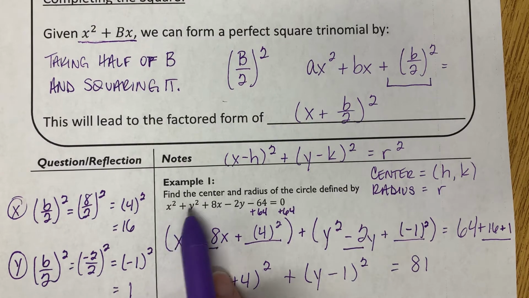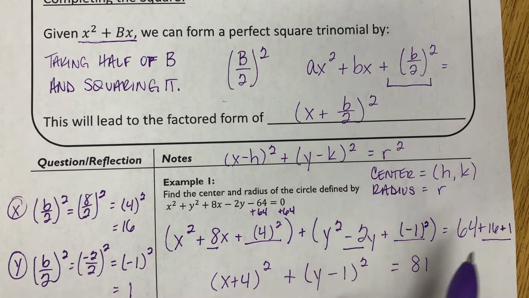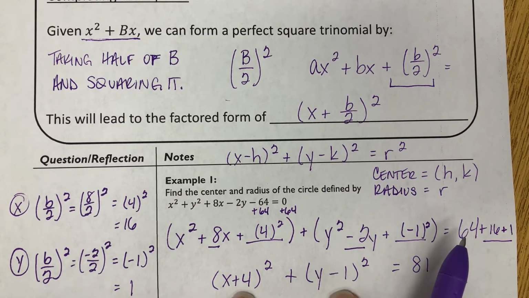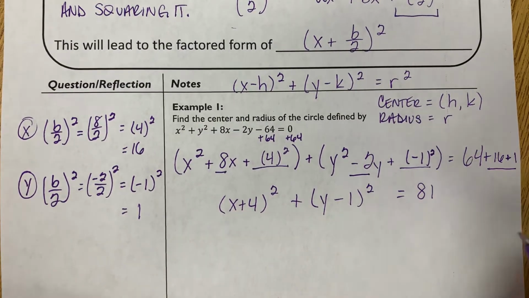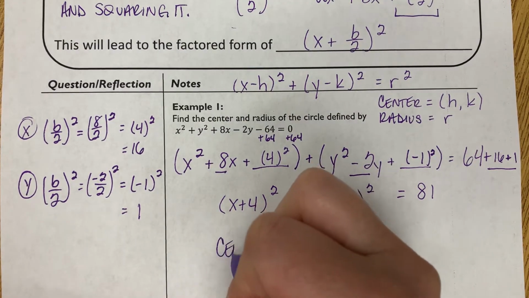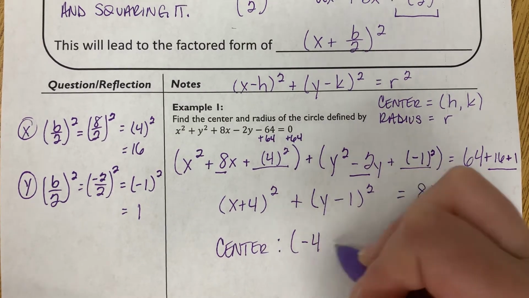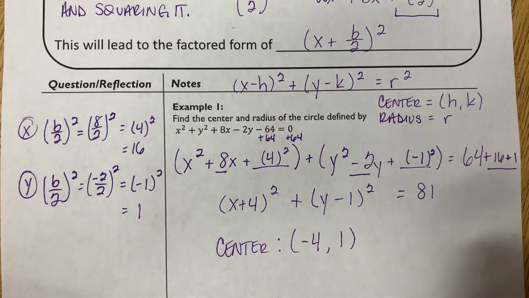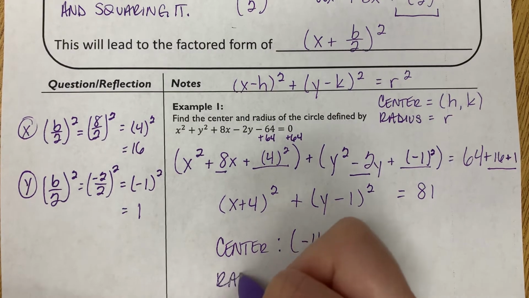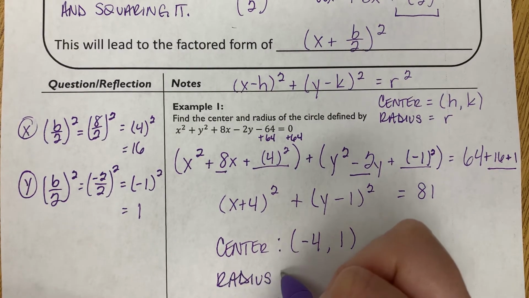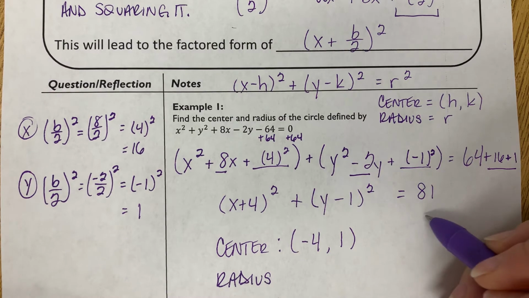So now when it asks for the center and the radius, we're going to pull out the h value and the k value. So that's going to look like this. So my center is -4 and a +1. And then our radius is going to be the square root of this number.